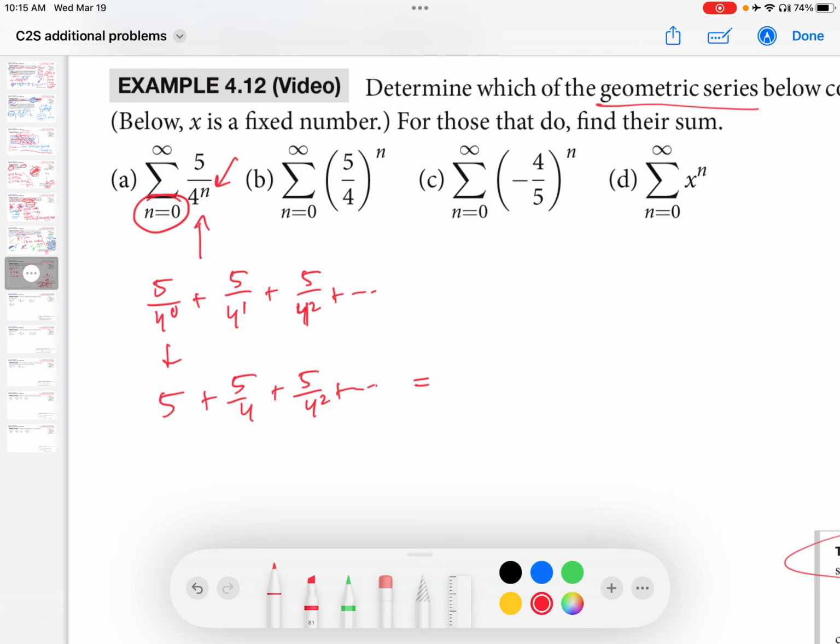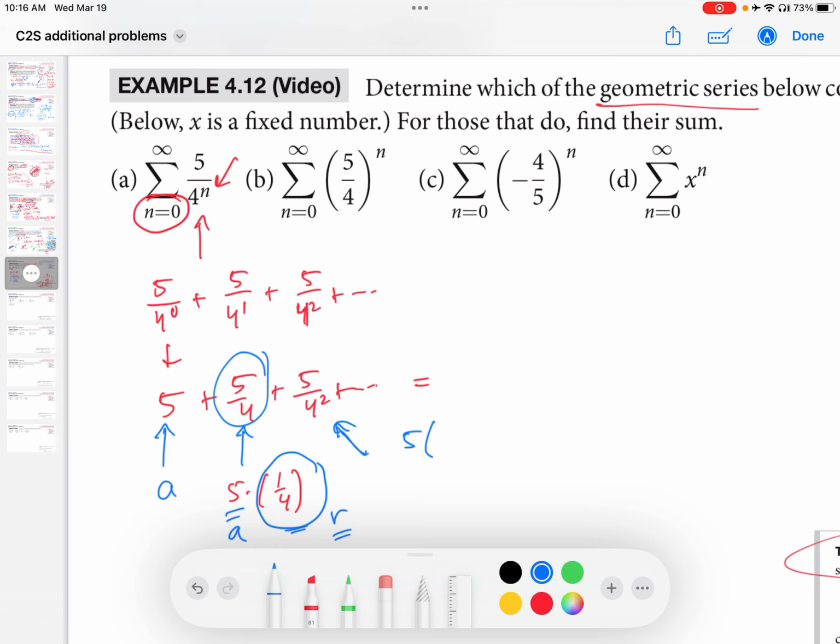You can see that in this series, this is the a term. That's the first term in the series. And then the next one I can write as 5 multiplied by 1/4. So that is the r value. That's what I multiplied a by to get ar, the second term. I can confirm my suspicion that r is 1/4 by looking at this third term.